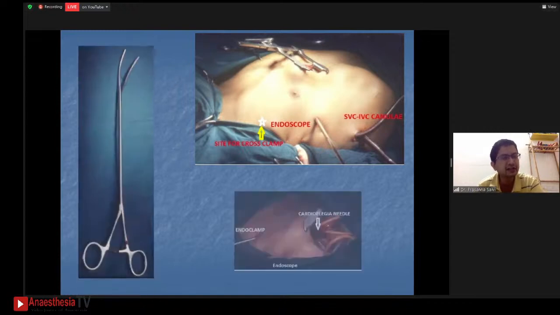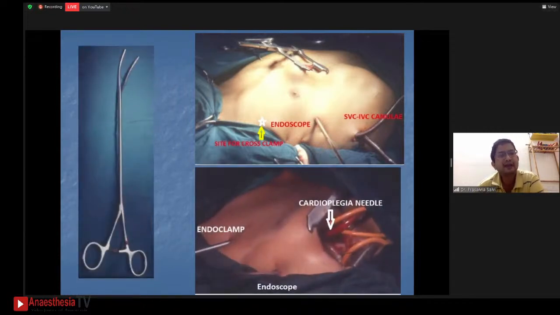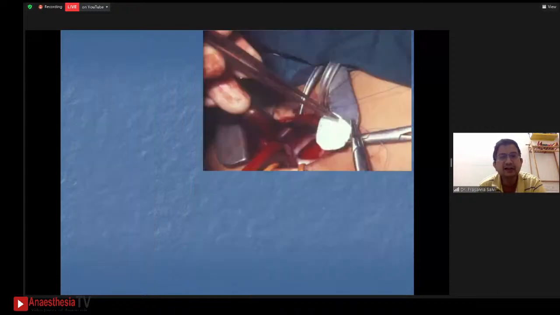This is a very large endoclamp. In this figure, you can see this endoclamp inserted into the 2nd intercostal space in the mid-clavicular line. Through this, we clamp the aorta, and then the cardioplegia is given.